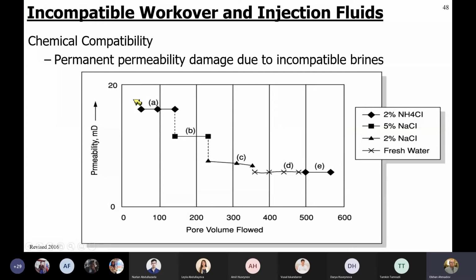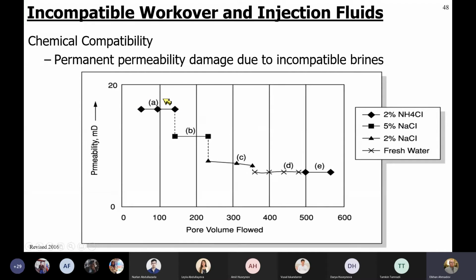The chemical composition of injection fluids and workover fluids: you can see that the ammonium chloride fluid has the highest permeability.